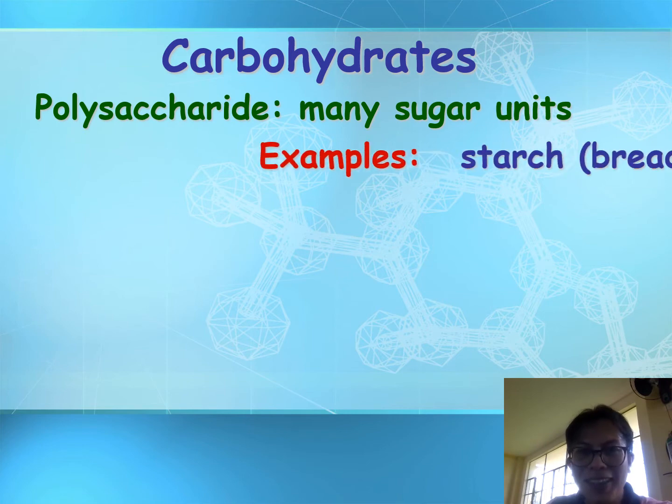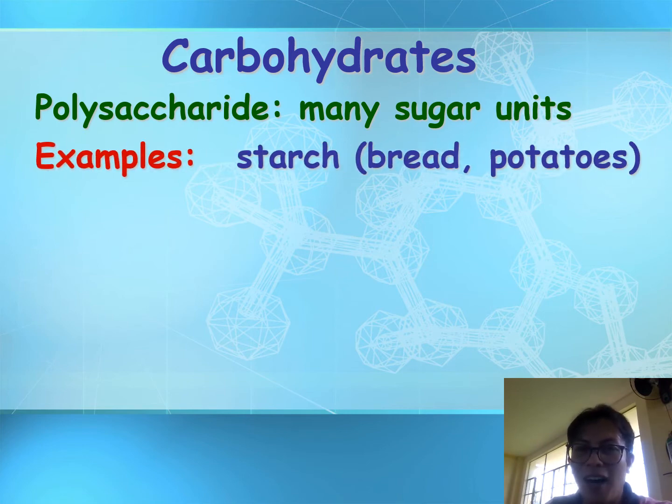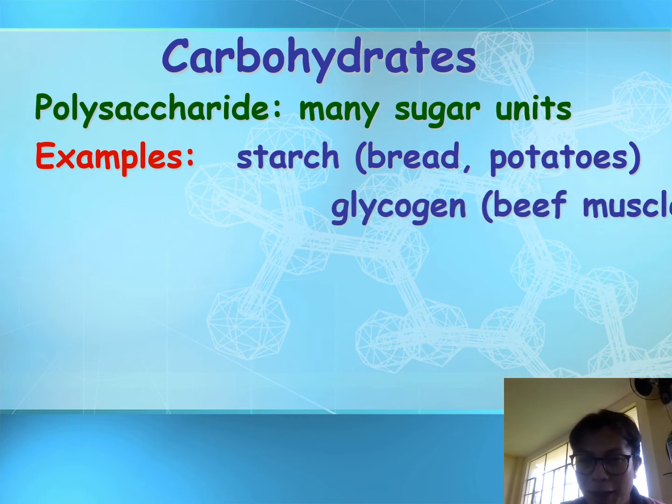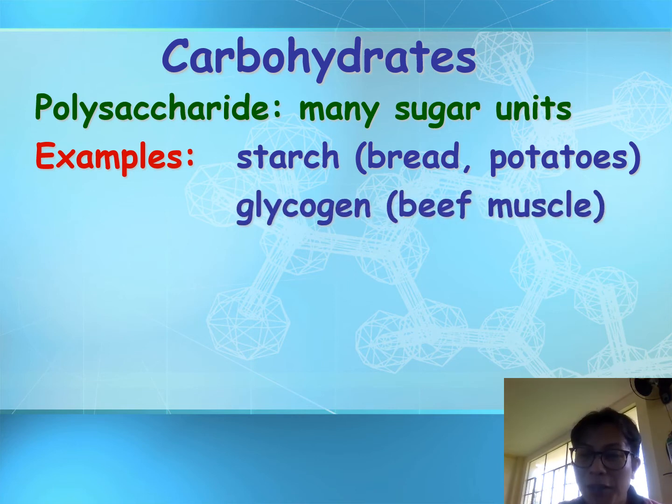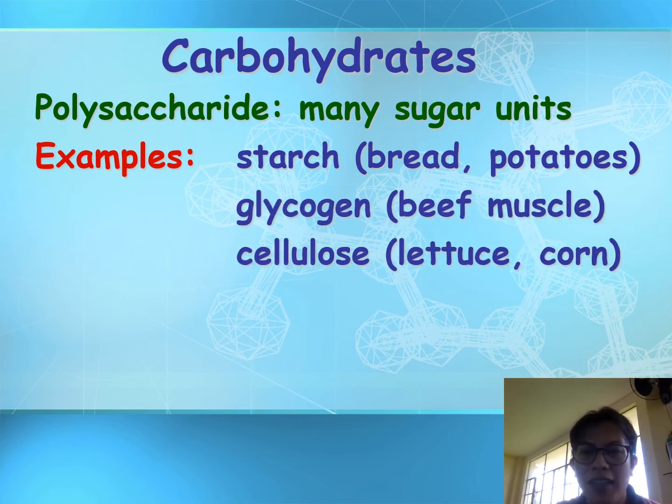Another one under carbohydrates are polysaccharides, where poly means many sugar units. Examples are starch, from bread or potatoes, glycogen in beef muscle, and cellulose in lettuce or corn.